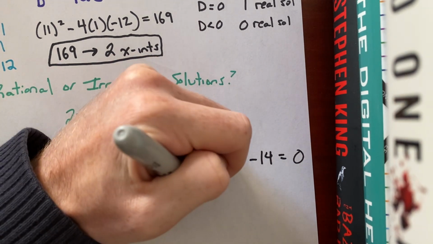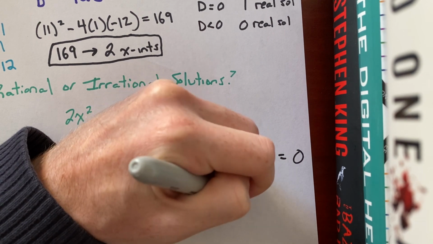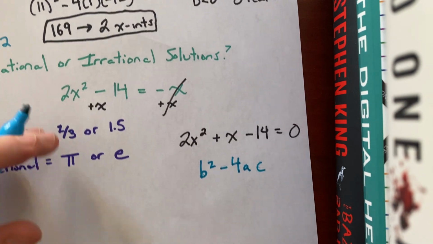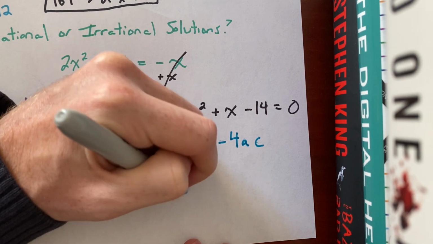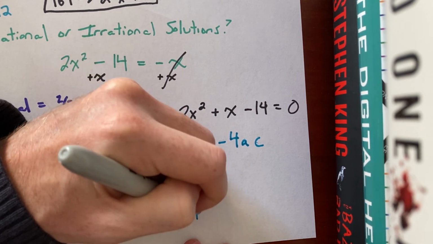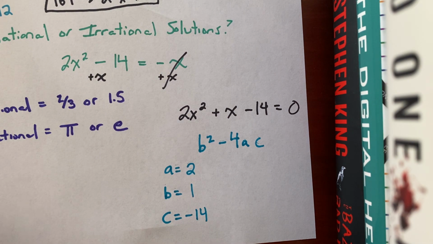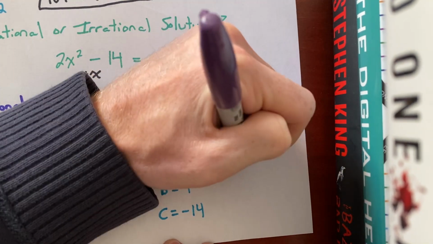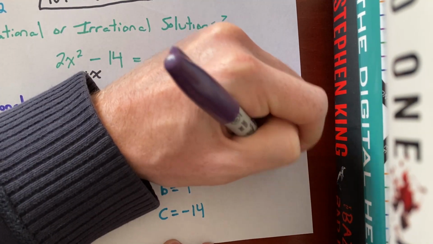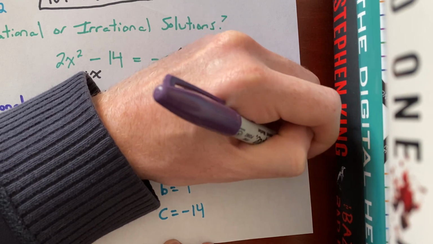Remember, it is b squared minus 4ac. A in this case is 2, b is 1, c is a negative 14. I'm going to plug all these numbers into my formula with parentheses. I get 1 squared minus 4 times 2 times a negative 14.